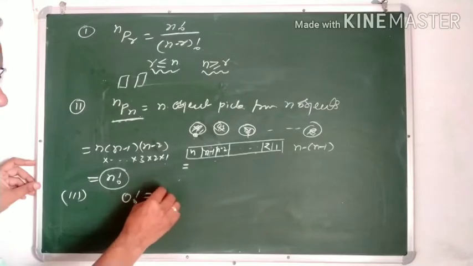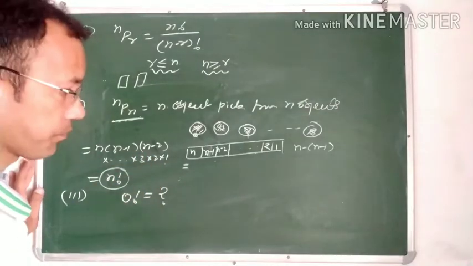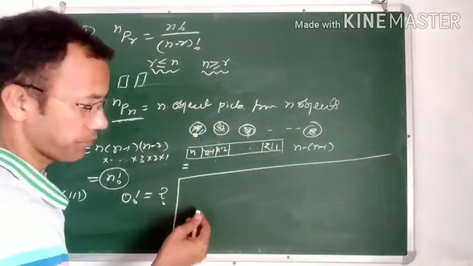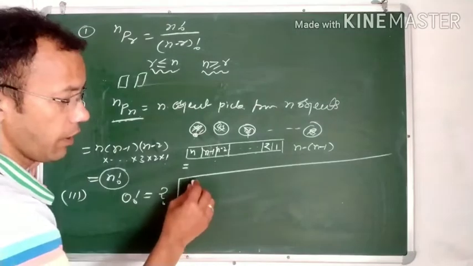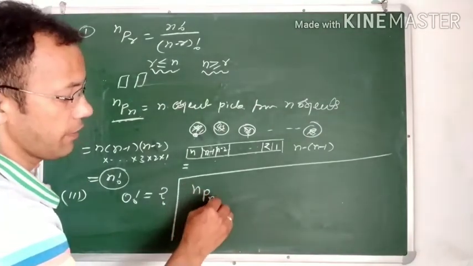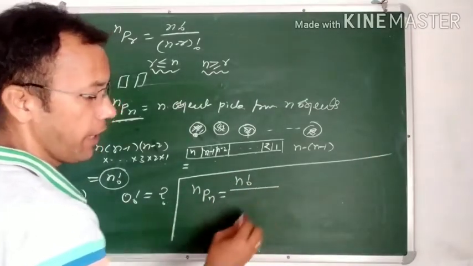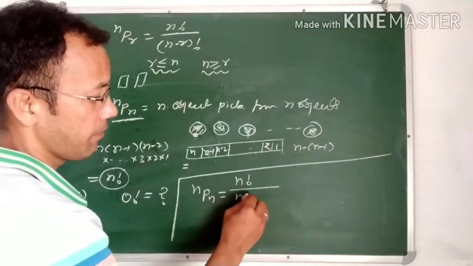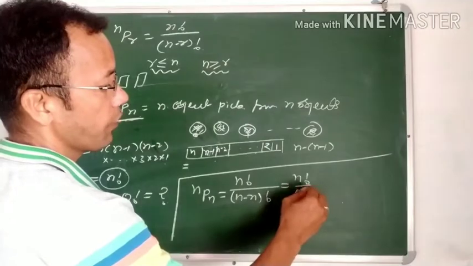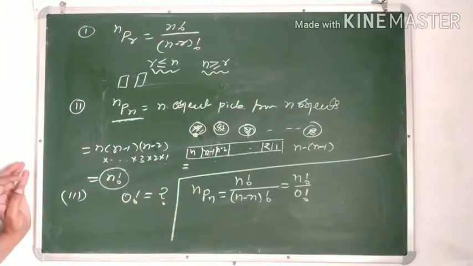Now the third concept is zero factorial. What is zero factorial? Let's find out. If I pick n objects out of n objects, we get nPn, and by the rule this is n factorial divided by n minus n factorial, which is n factorial upon 0 factorial. And 0 factorial is not equal to 0, because it is a factorial, right?